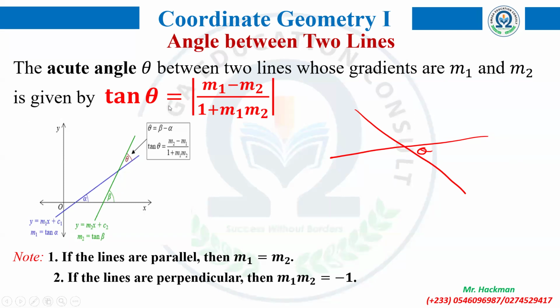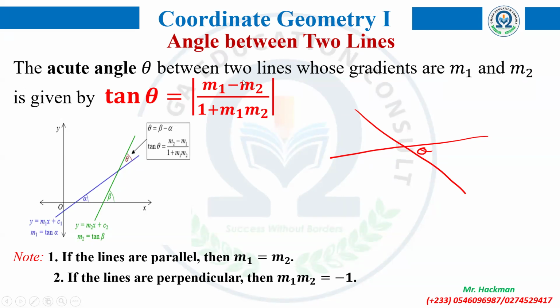So the formula says the absolute value of m1 minus m2 all over 1 plus m1 times m2. So in order to find the acute angle between two intersecting lines, we will rely on the gradients of the lines, because the formula uses the gradients of the lines.